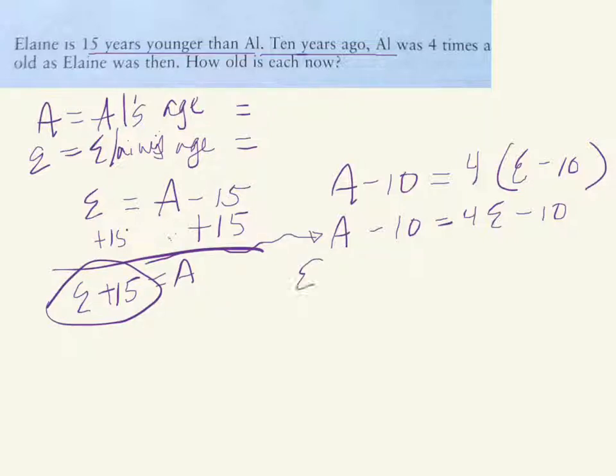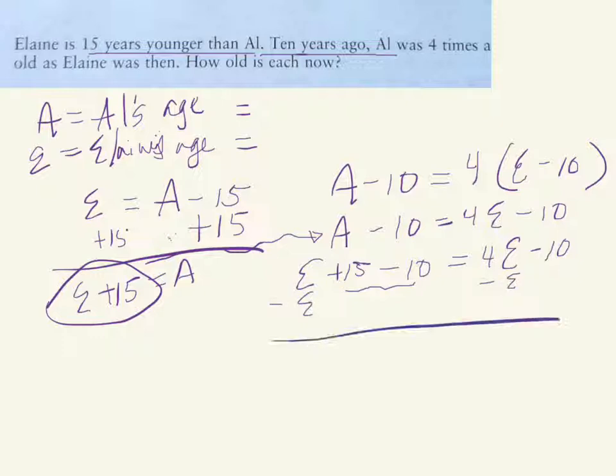So E plus 15 we're going to stick in for A. You also have a minus 10 on this side, equals 4E minus 10. Okay, let's combine here. Let's subtract an E from both sides and get E's on the right-hand side. Let's also add 10.